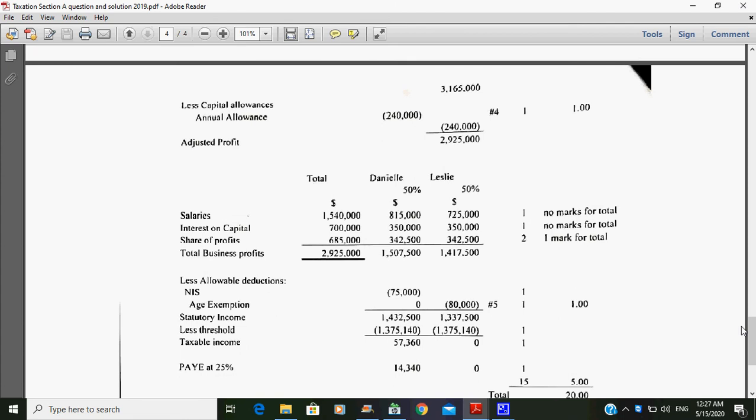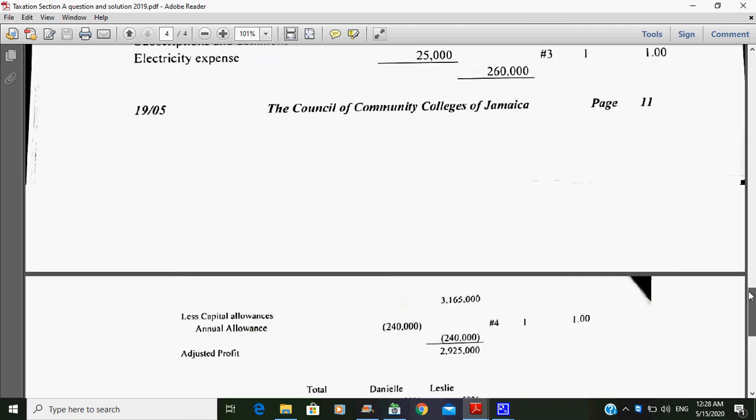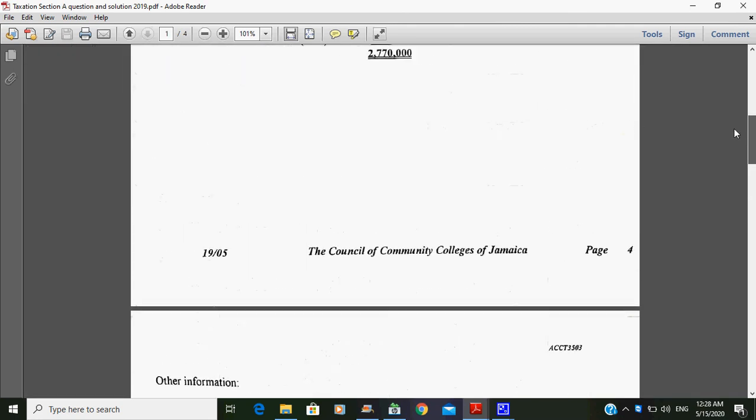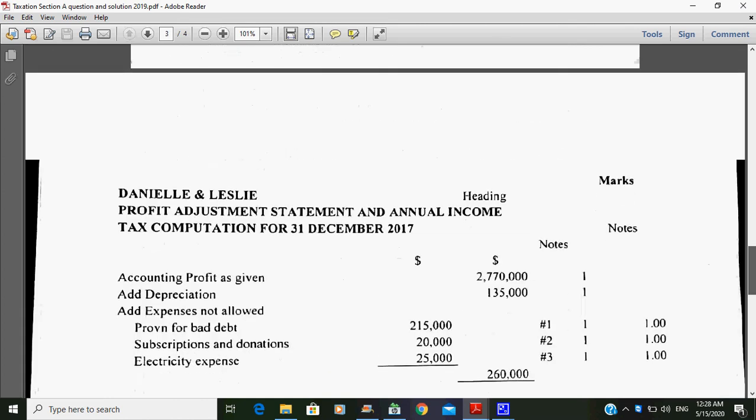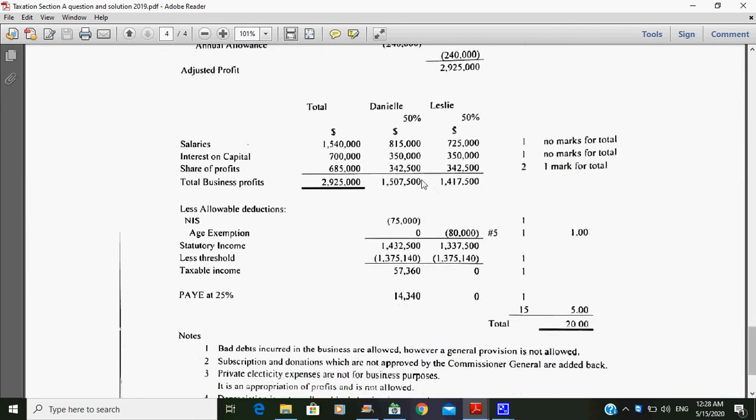So we go again. First thing you do, you start with salaries of 1,540,000. You divide that between the two. This 50% doesn't really refer to these two, it refers to the share profits technically. Because this was incorrect, you have to correct the one that was there before. So you have salaries as you differentiate them as given.